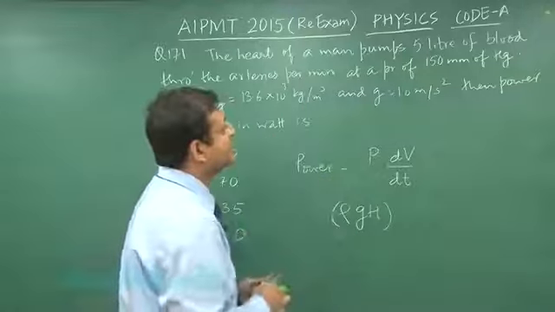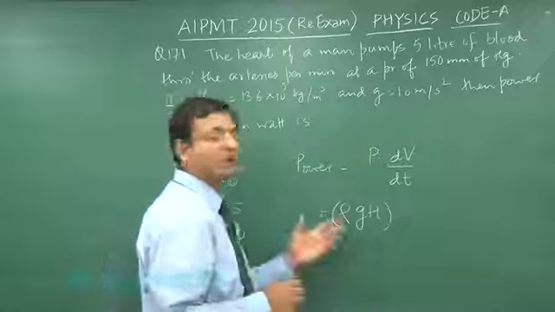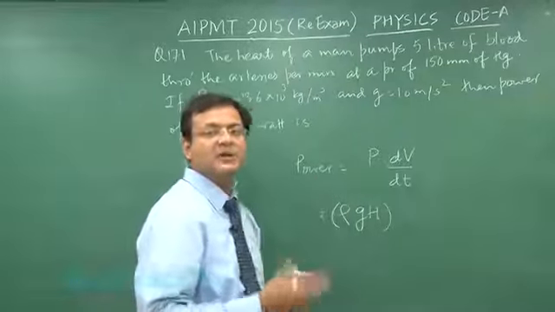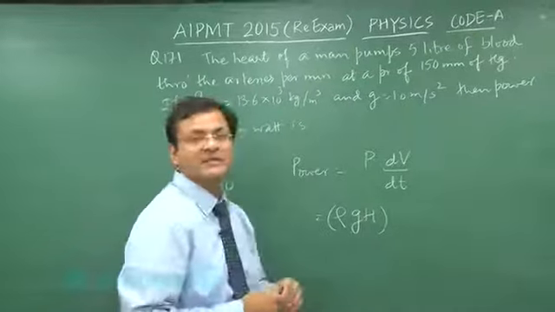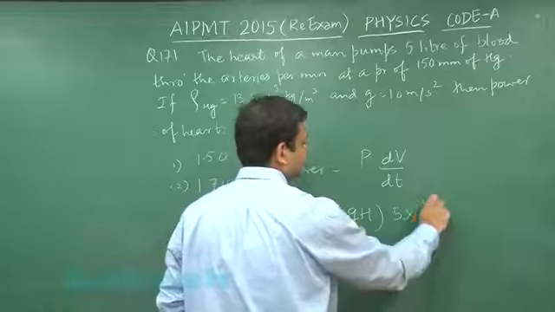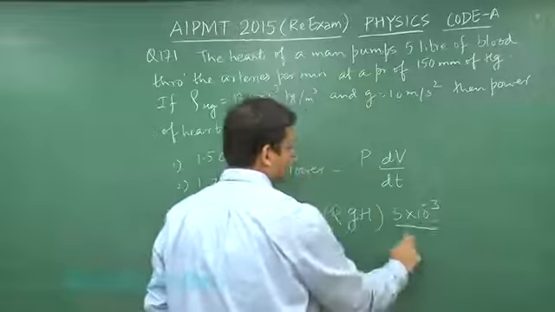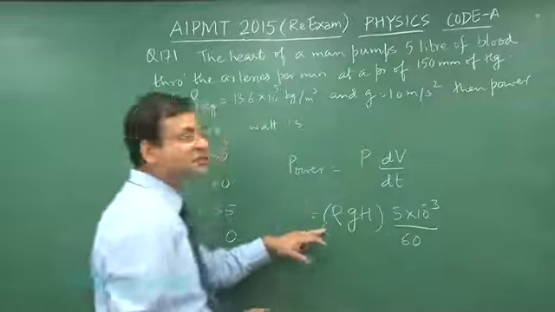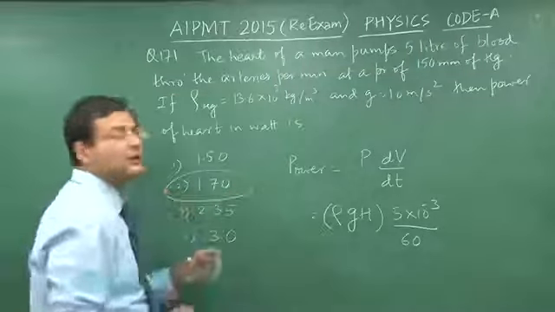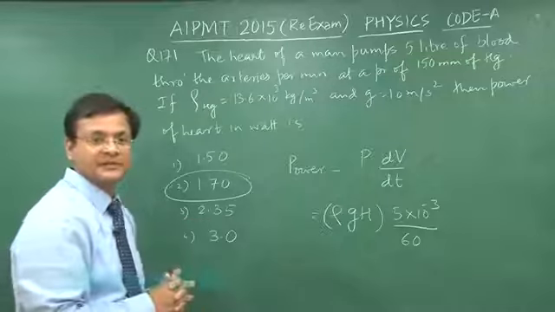So this 5 liter will be converted into meter cube. You understand? 1 meter cube is 1000 liter. So 5 into 10 power minus 3, you can substitute here. This is meter cube per minute, so convert into 60 seconds. Substitute all these values, you will get the power as 1.70 watt. So that will be the answer to question 171.